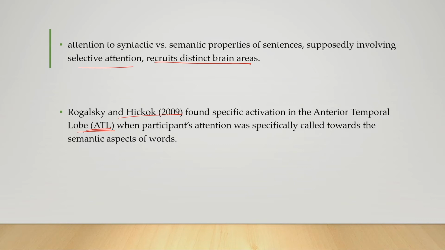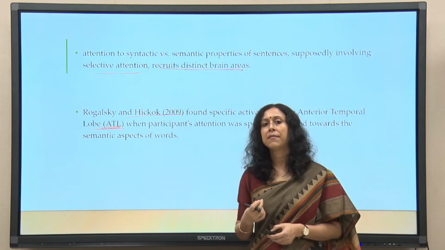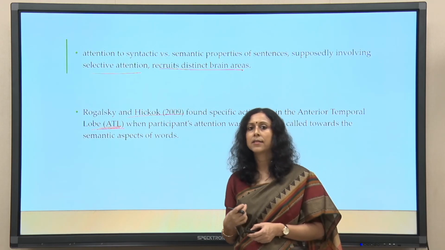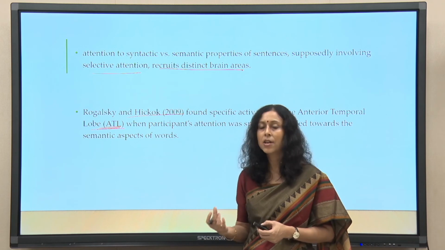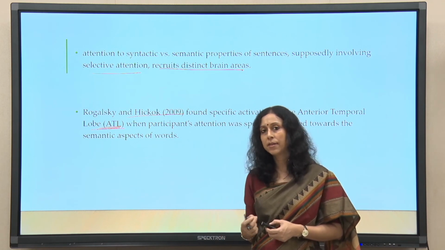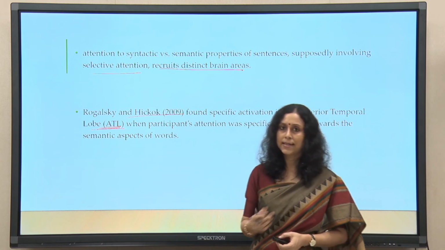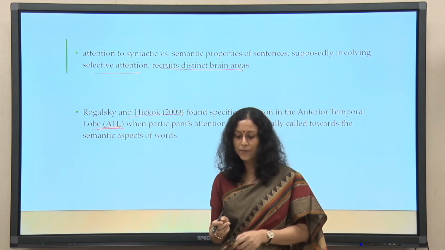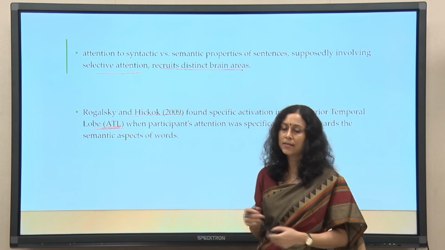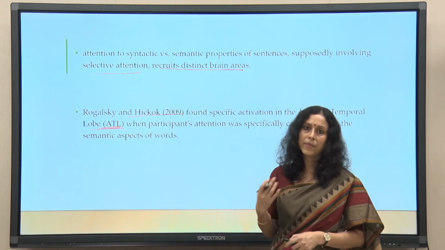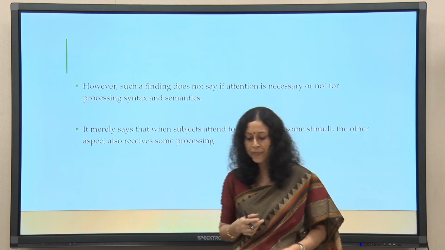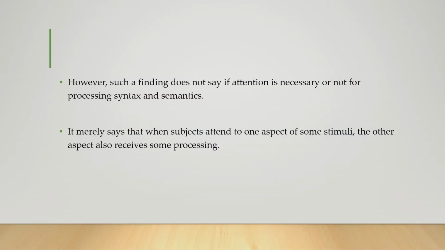So, there have been various kinds of manipulation in sentence processing, using pitch as a factor, sometimes using semantics as a factor, and deliberately drawing attention to that particular aspect in the sentence, and then trying to see if it has a neural signature. That is what they found: certain specific areas in the brain were activated.